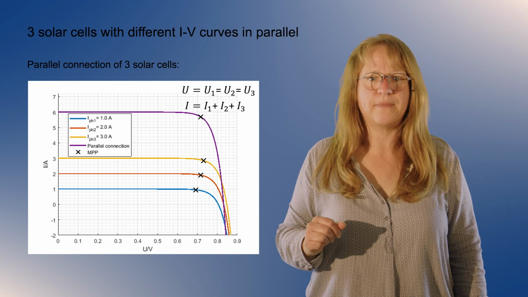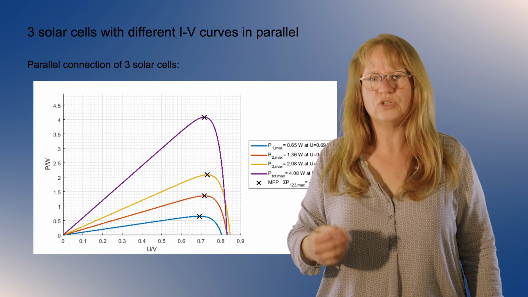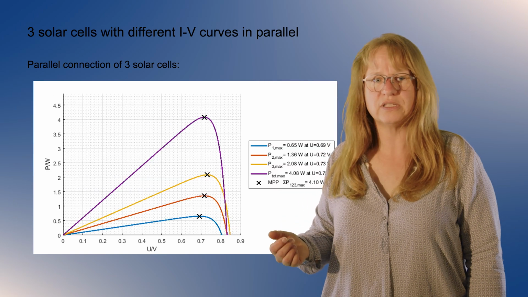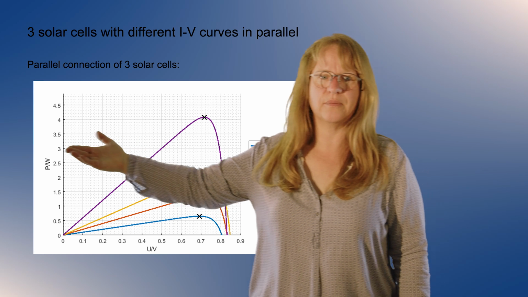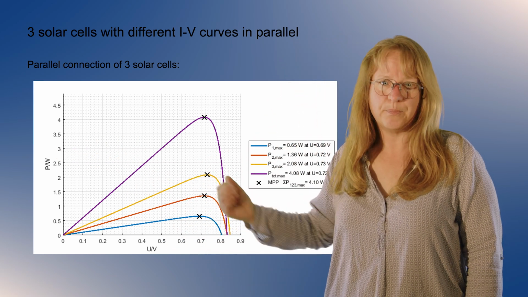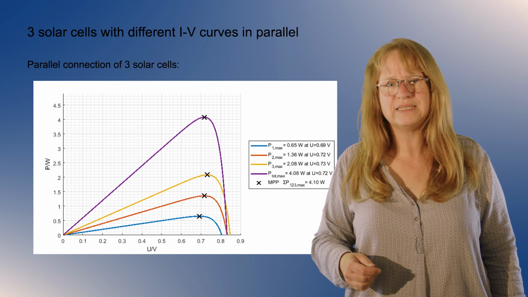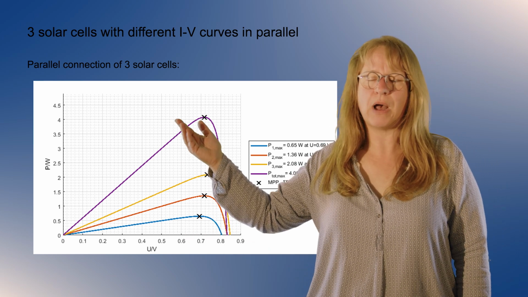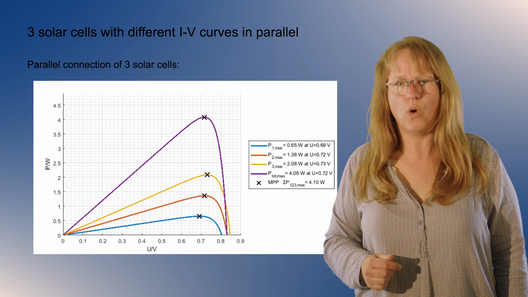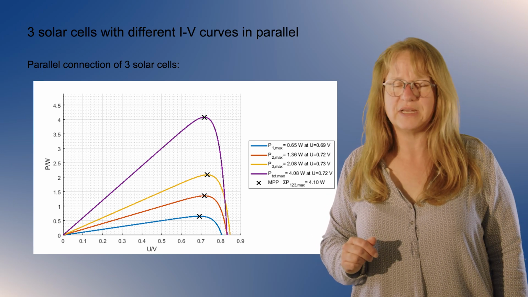But if we are looking at where the maximum power point is, we again multiply U times I, so the current by the voltage to get the power. And here we can see the 3 power curves, or power-voltage curves, for the individual solar cells, and we can see the power-voltage curve of the overall combination, so the parallel connection of the 3 solar cells.